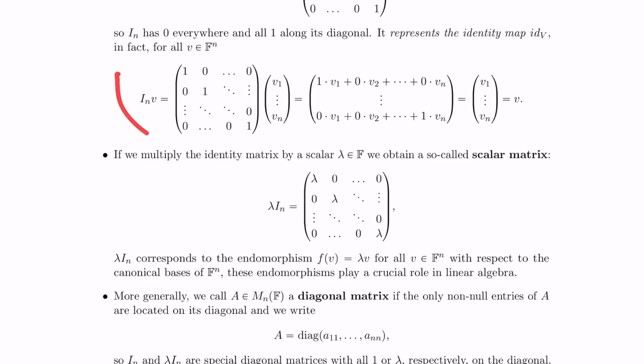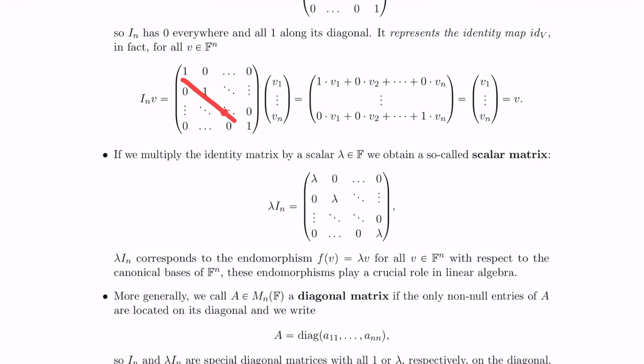Using the same argument as before, it's easy to prove that lambda times En represents the endomorphism f of V equals lambda times V. These kind of transformations play a crucial role in linear algebra, as you will see when you study the eigenvalues and eigenvectors of a linear map.